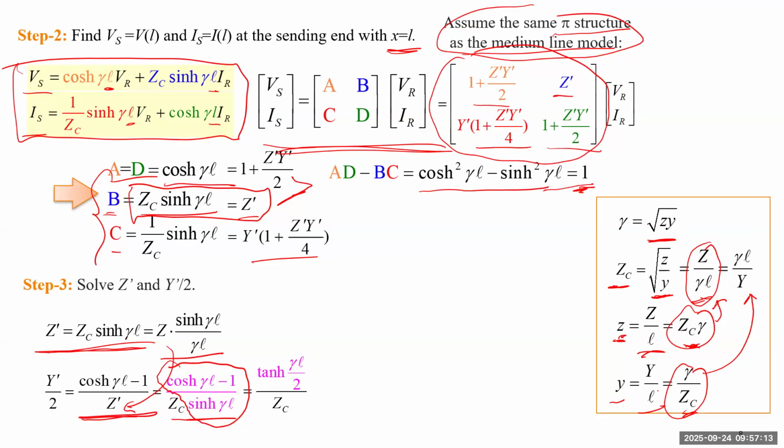Yeah, that's one of the definitions of the tangent function. Okay, if you don't remember the formula, it doesn't matter. It's just one way to make a formula simpler. And you can just go to Wikipedia or Google to find the accurate formula. Okay, so we find the equation to calculate half of Y prime.